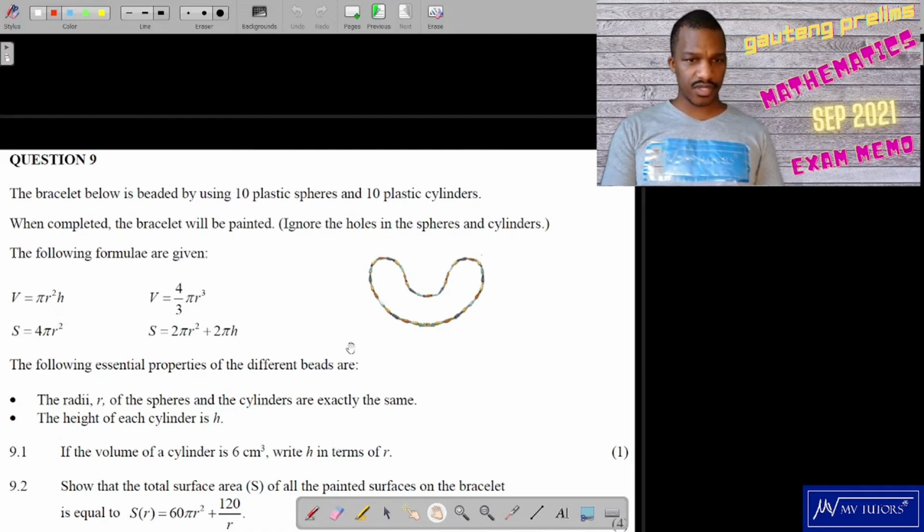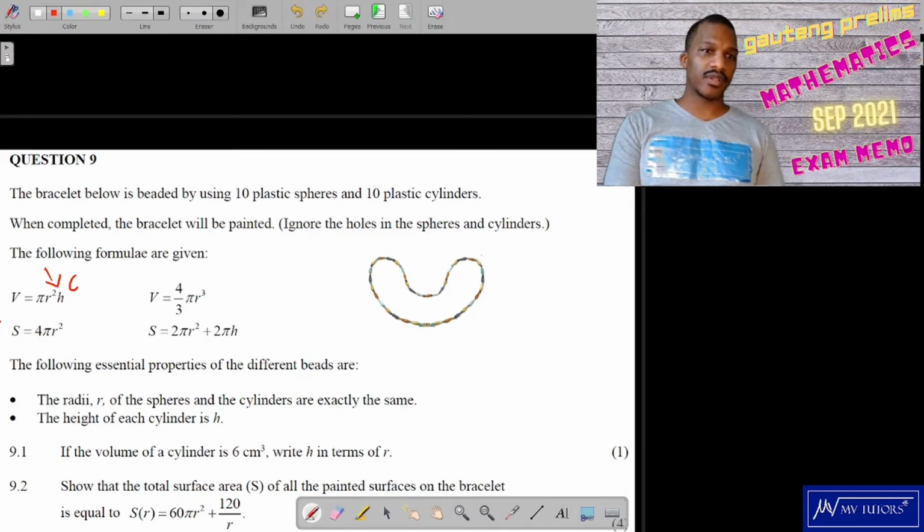So let's just get this down right. This is the volume of the cylinder, and this is the volume for the other one, the sphere.